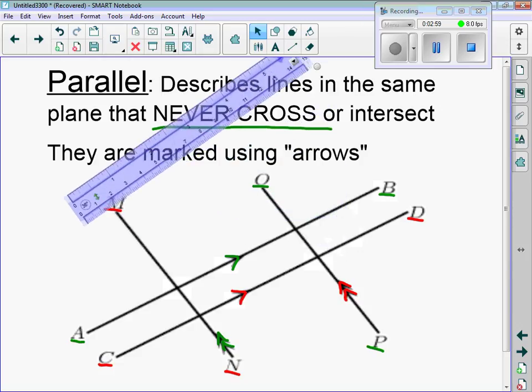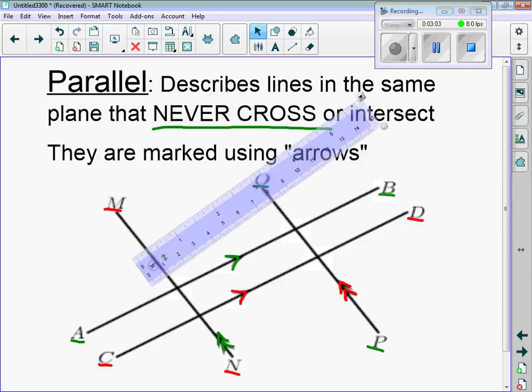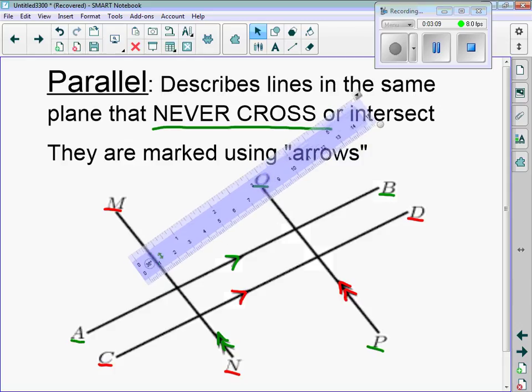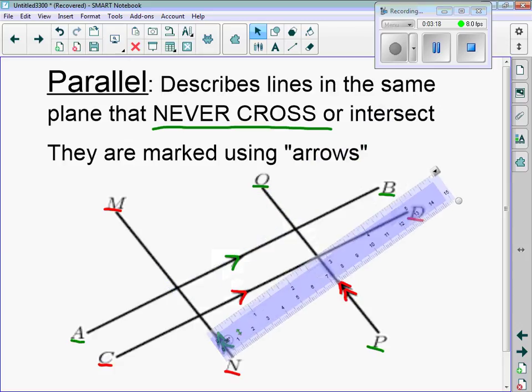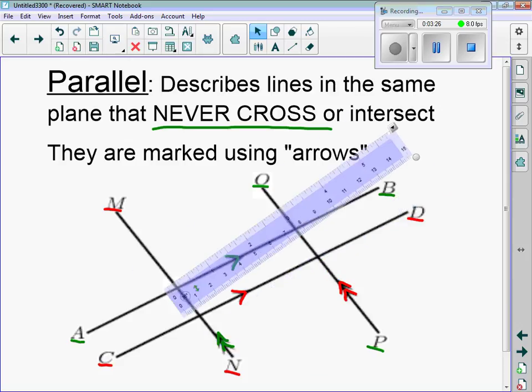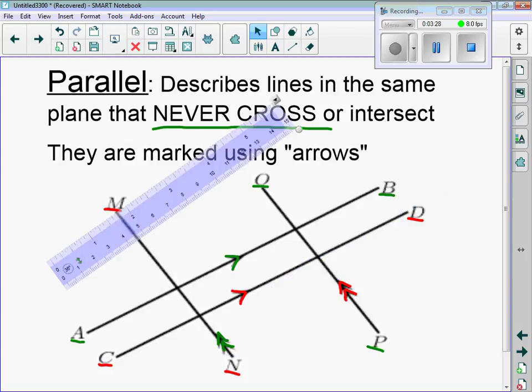I'm going to try to measure it, so get it to be exactly perpendicular to this line, and I'm going to look and say, okay, lines MN and OP seem to be around 7 digital centimeters apart right there. If I move it down, I should be able to measure here, and yeah, I'm still at 7 digital centimeters apart, so that's good. At every point, they should always be the same distance apart.